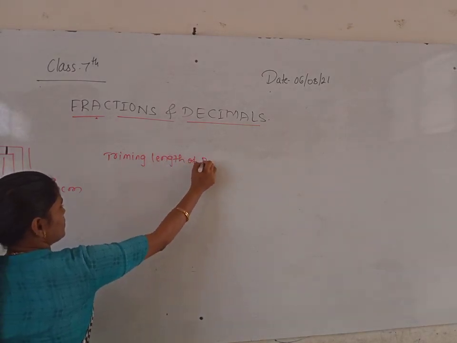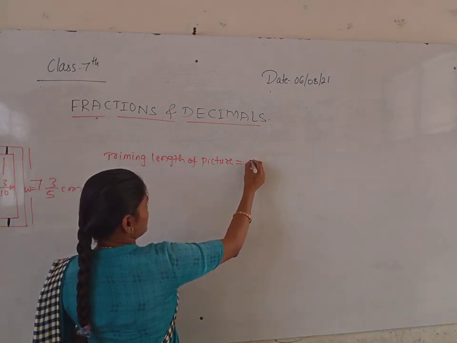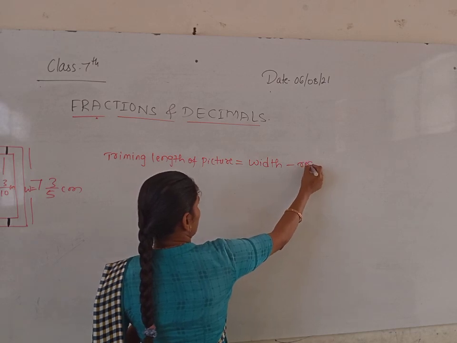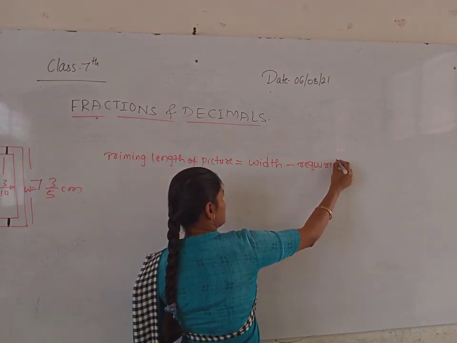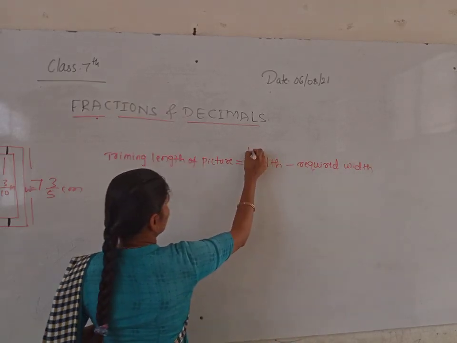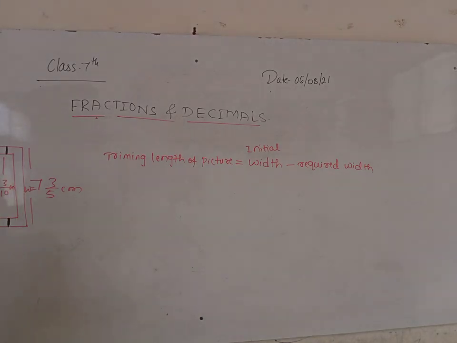Length of picture is equal to its width minus required width. Its initial width minus required width. Okay.